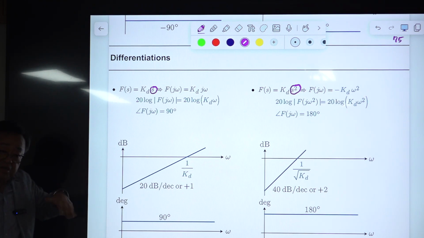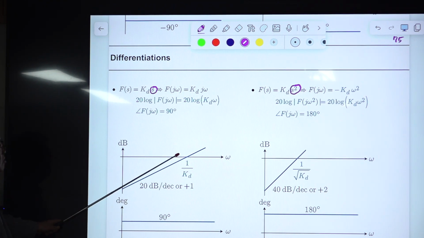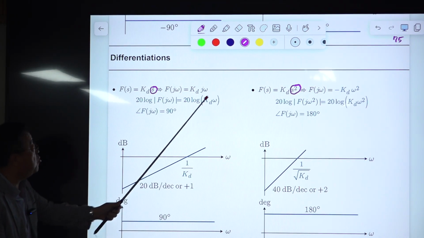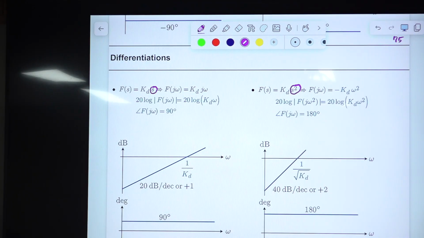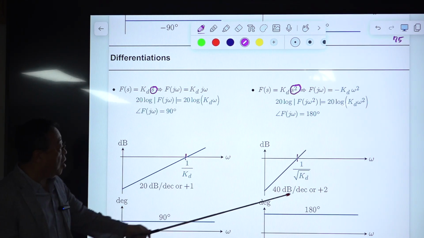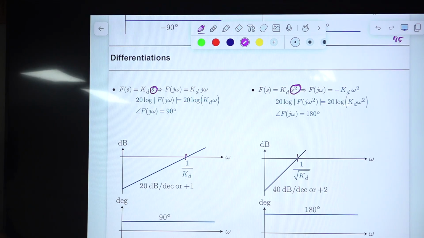Because it is in the upstairs. Okay, this slope and this omega is here, then this becomes 1, and that is 0 dB. Crossover frequency is located here. This has a steeper rising slope, 40 dB per decade, or plus 2. This one is plus 1 slope, so this is 0 dB.